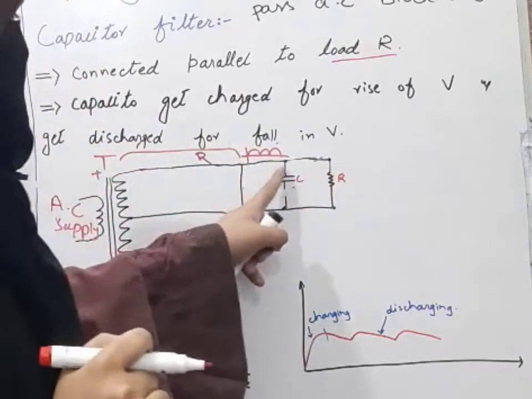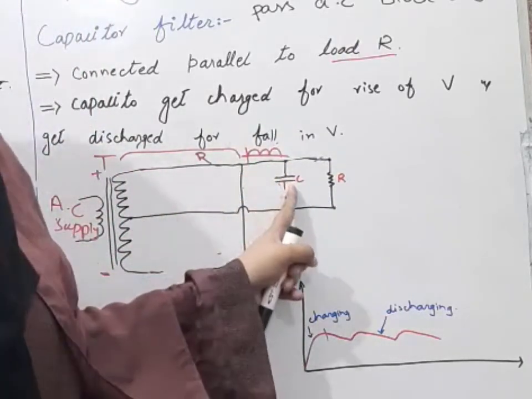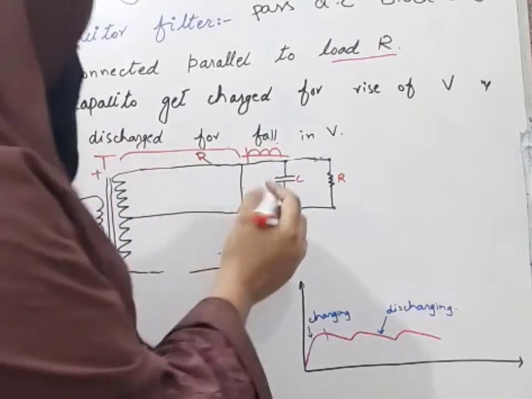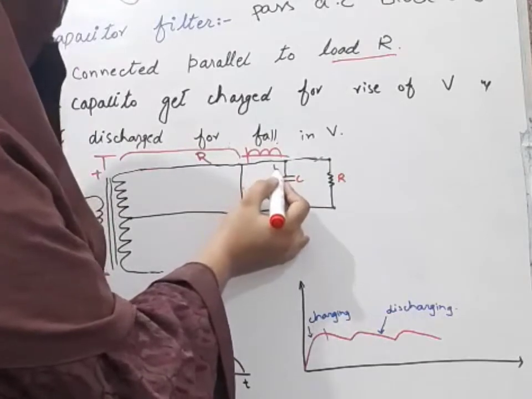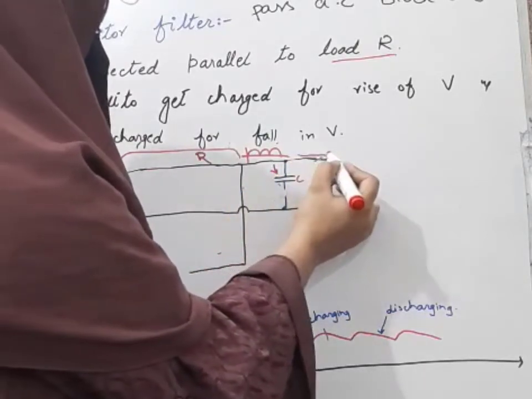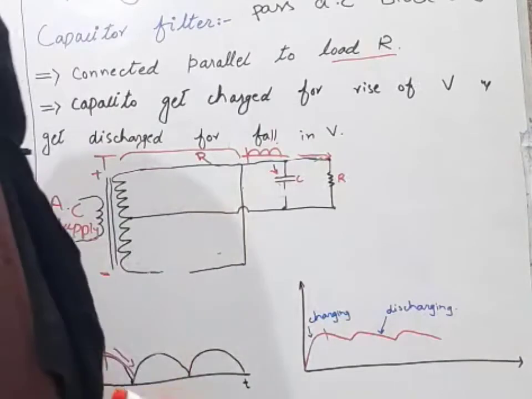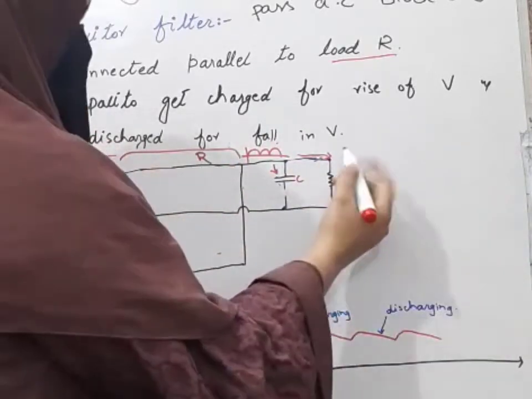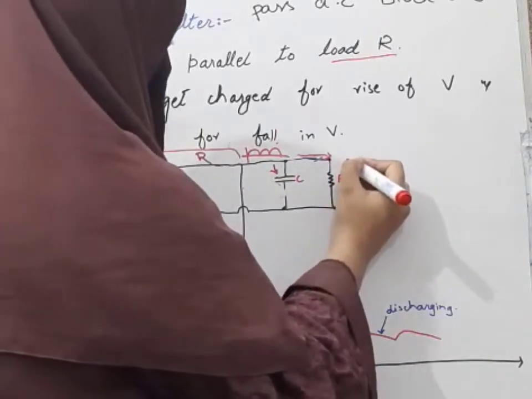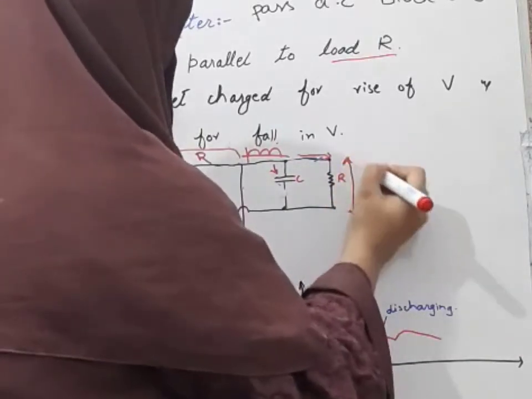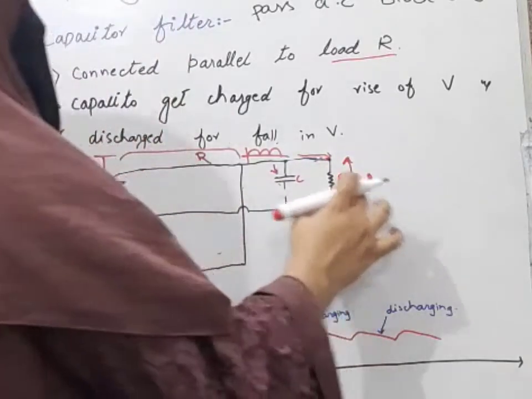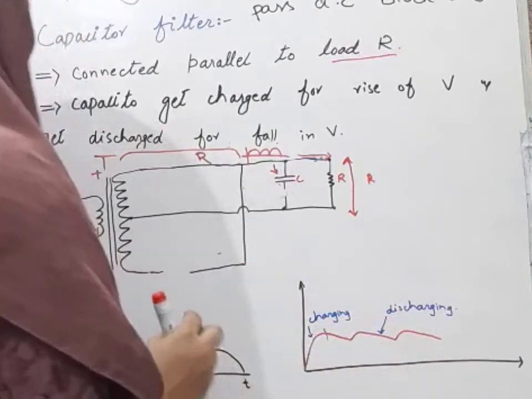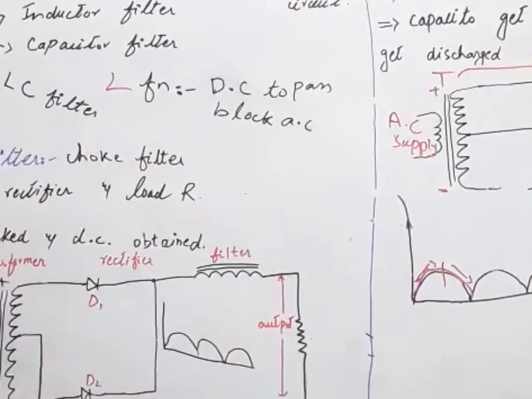Now at this point, the capacitor allows AC to pass and does not allow DC to pass. So AC components will be passed here and the DC component will move in front. So we will get our DC output along the load resistance R. So here we will get the DC component, and this is the form of the DC component, and similar will be here.